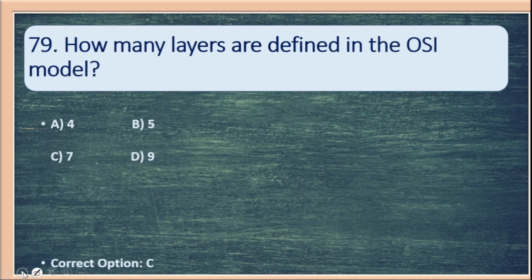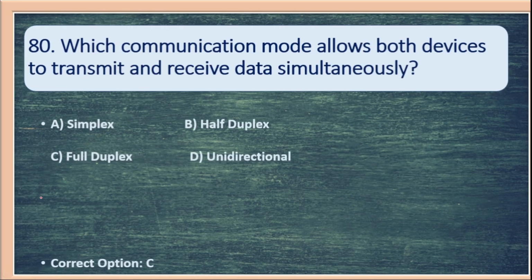How many layers are defined in the OSI model? 4, 5, 7, 9. Answer is C, 7. Which communication mode allows both devices to transmit and receive data simultaneously? Simplex, half duplex, full duplex, unidirectional. Answer is C, full duplex.